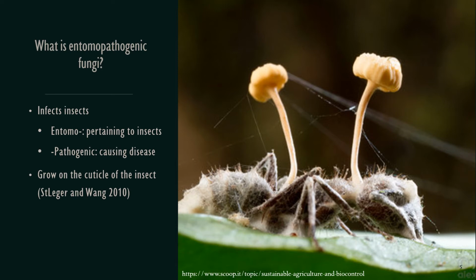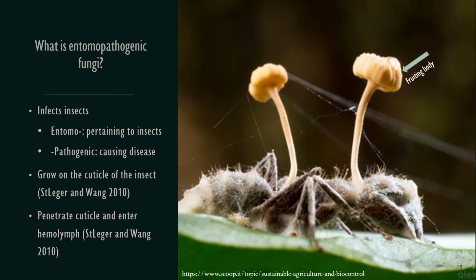After entering the hemolymph fluid, if conditions are favorable, the fungi will produce fruiting bodies and spread their spores. In this image, we see an insect, probably an ant, that has been infected by entomopathogenic fungi. This is characterized by the fluffy white coating as well as the fruiting bodies we see.